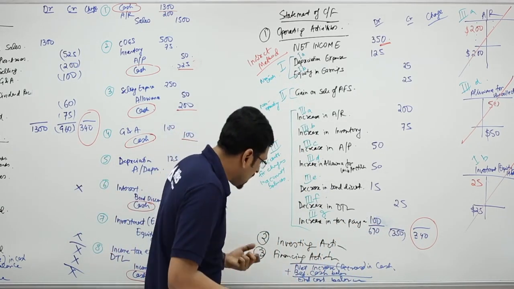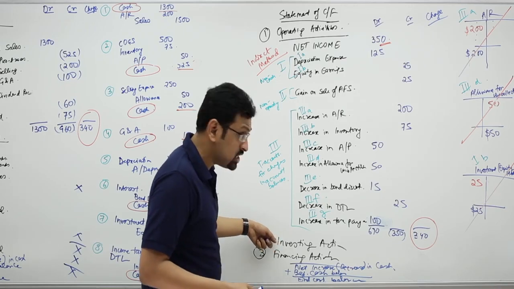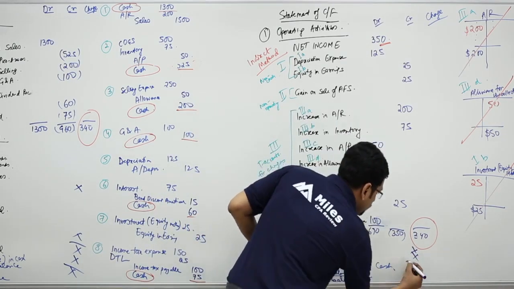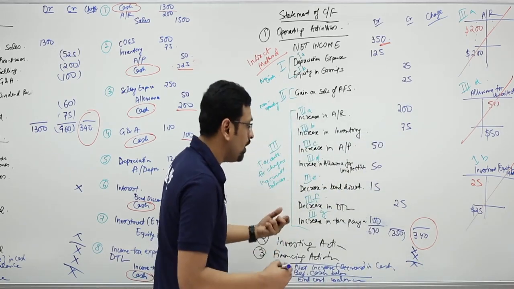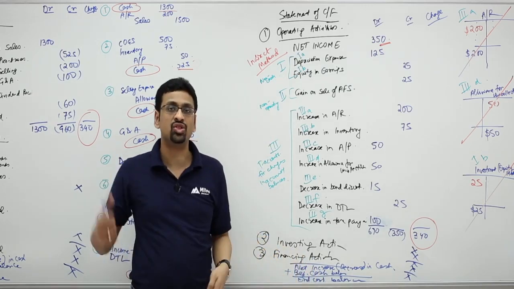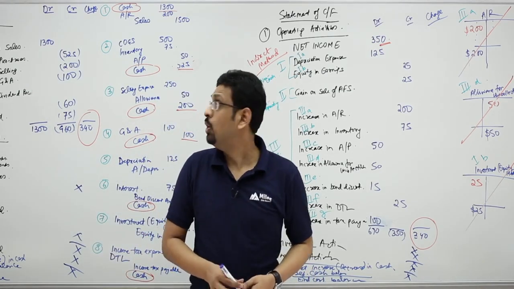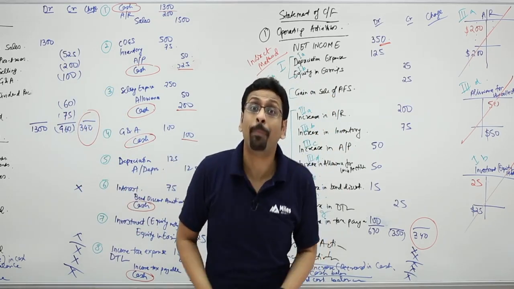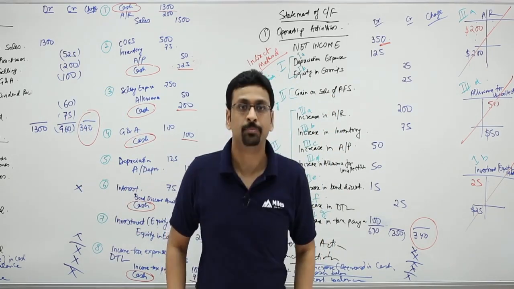Then you had net cash provided or used by investing activities. This one you would use direct method. Financing activities, that gave you the cash increase or decrease during the year, plus beginning gives you the ending cash balance which is there on your balance sheet. So direct method for operating activities, indirect method for operating activities only.